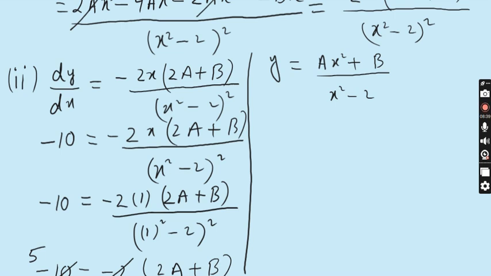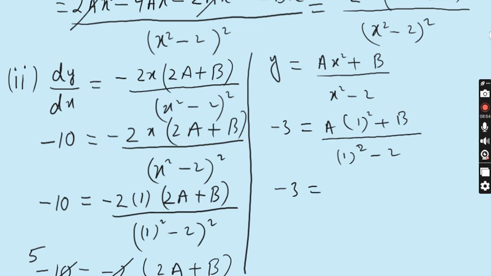So y is given minus 3, equal to a times x, given 1 square, plus b upon 1 square minus 2. Minus 3 is equal to a into 1 is a, plus b. 1 minus 2 is minus 1, and minus 1 into minus 3 is plus 3, equal to a plus b.